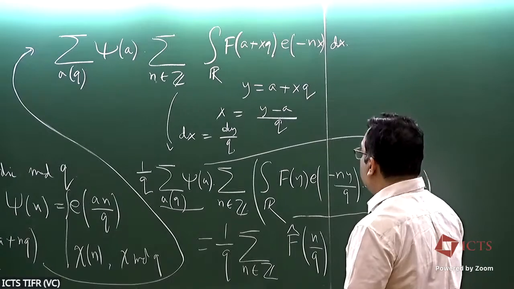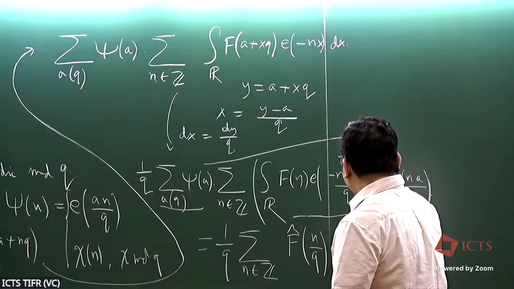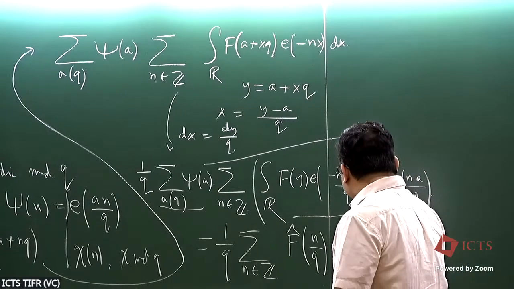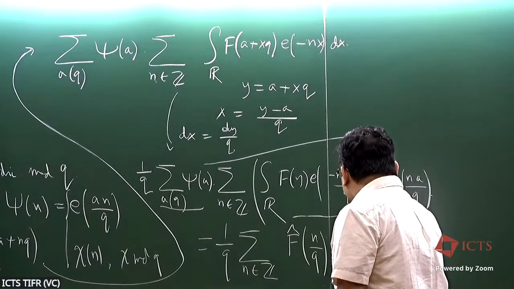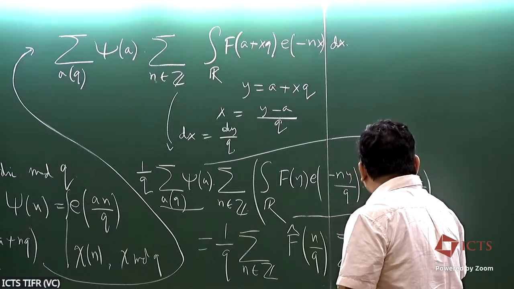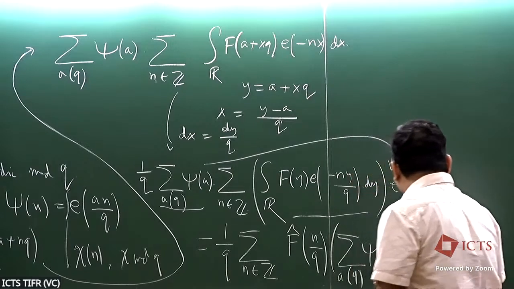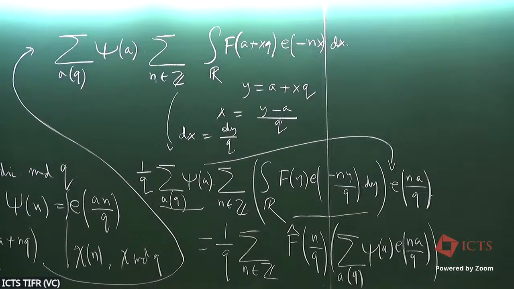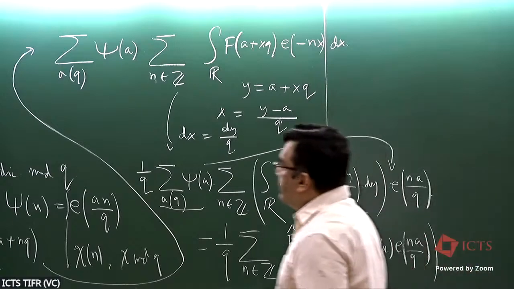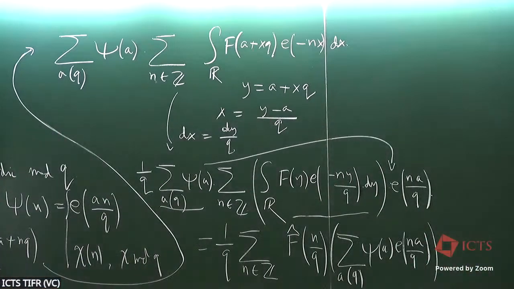And then you basically have the finite Fourier transform of psi(a) e(na/q). Okay, so if psi is chi, it's like a Gauss sum. Right? Okay, so that's our formula.